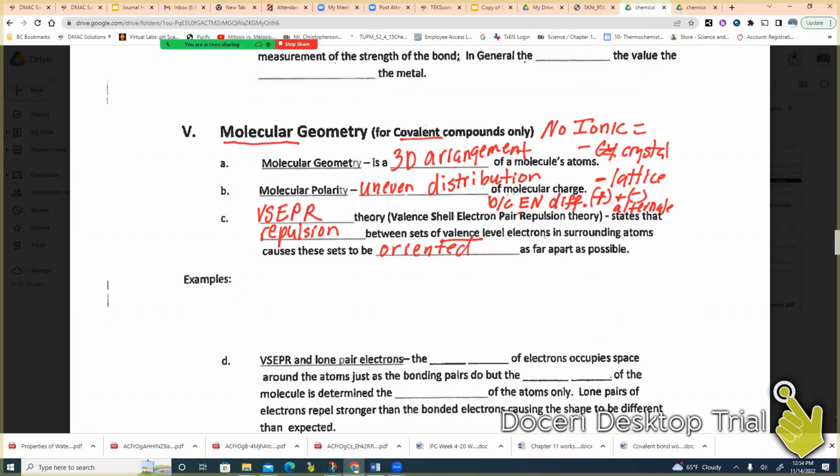So electrons are negative, so if they're by other electrons, they're going to try to separate because likes repel and get as far apart as possible.